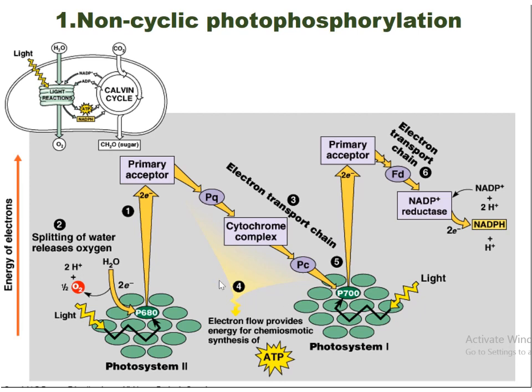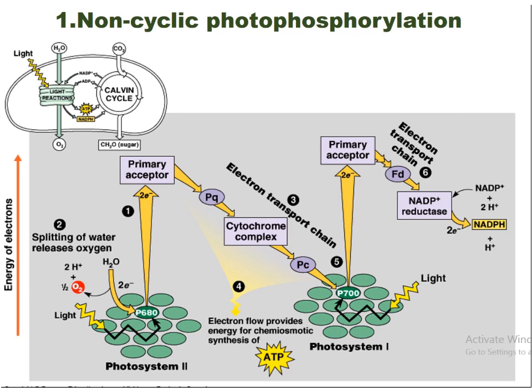Okay. So at the very beginning, the chlorophyll A in photosystem 2, that means the P680 of chlorophyll A, is activated on receiving photons of 673 nanometer wavelength of light.